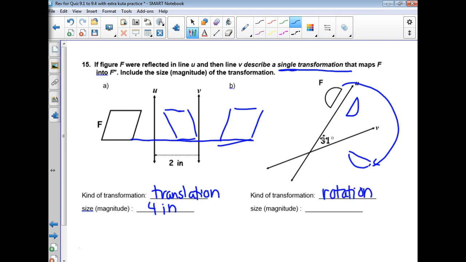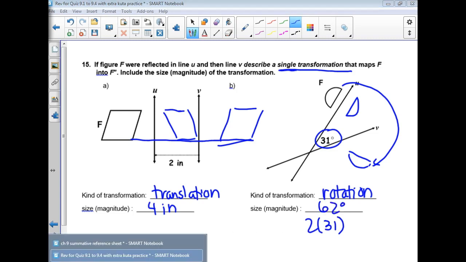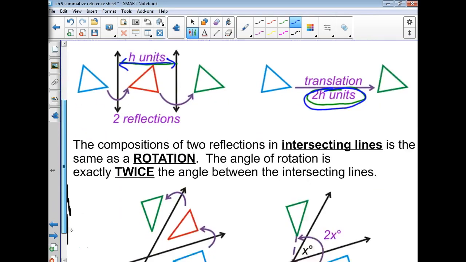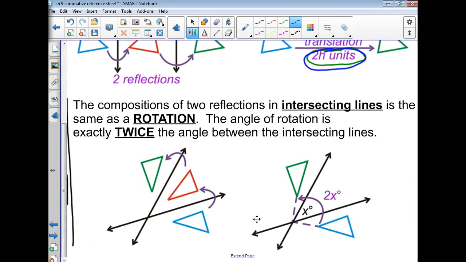And it went how many degrees? You look at this angle, and what do you do to it? You double it. 2 times 31 would be 62 degrees. Okay, and that's on that sheet as well. It says right on your reference sheet, below this one, that if you rotate over 2 intersecting lines, the angle of rotation is twice the angle between the lines.